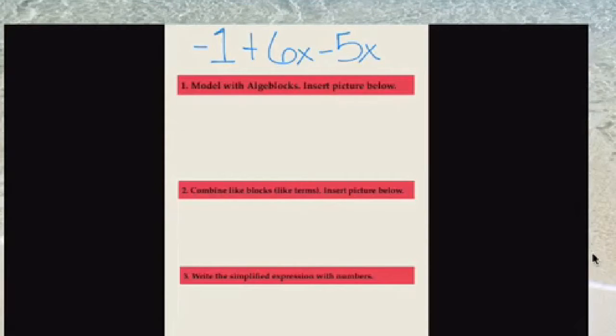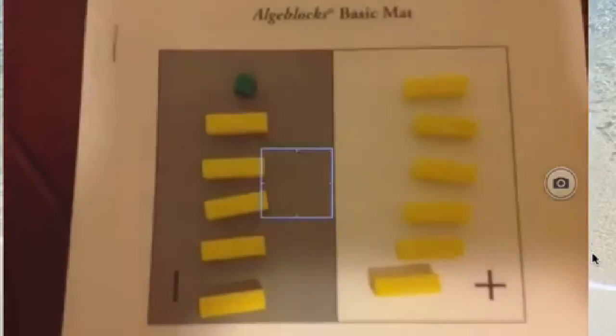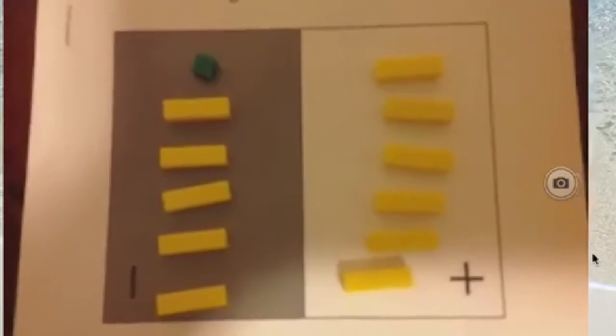So we're going to put minus 5x on the negative side of our mat. 1, 2, 3, 4, 5. Okay? So here is my original expression, -1 plus 6x minus 5x.